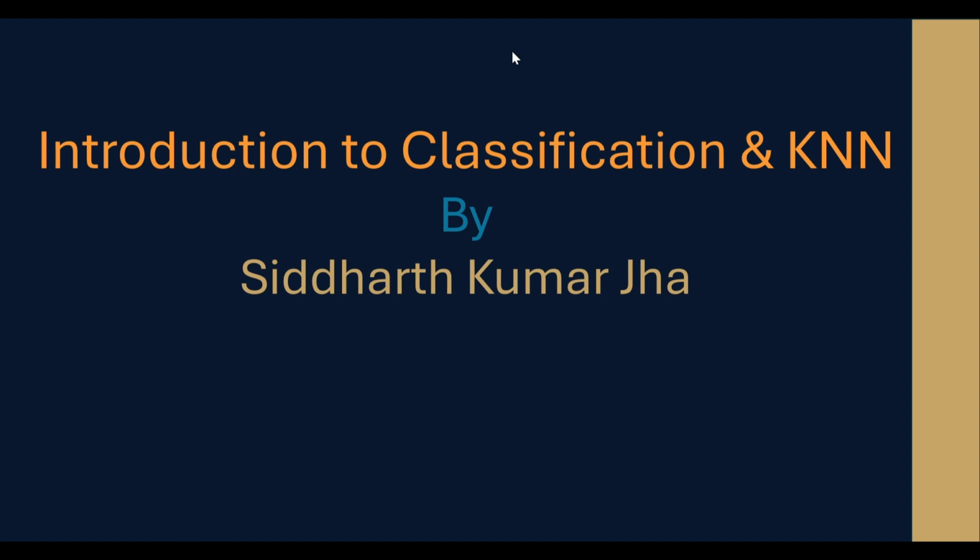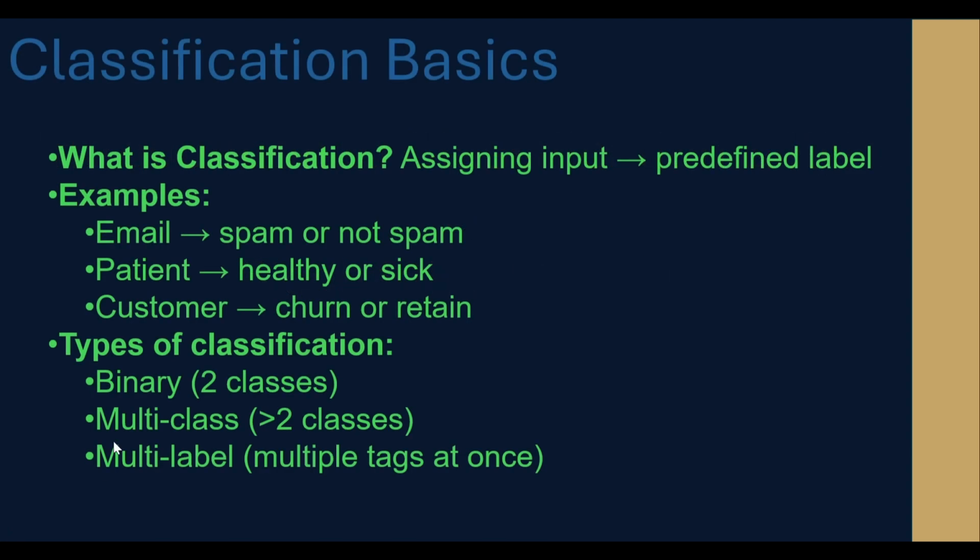Let me go to the second slide. First is classification. Classification means assigning inputs predefined labels. For example, for emails, there are spam or not spam. For a patient, healthy or sick.